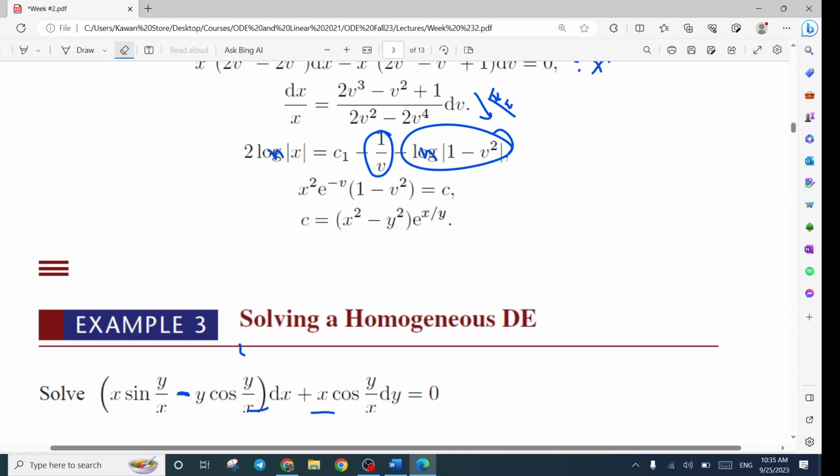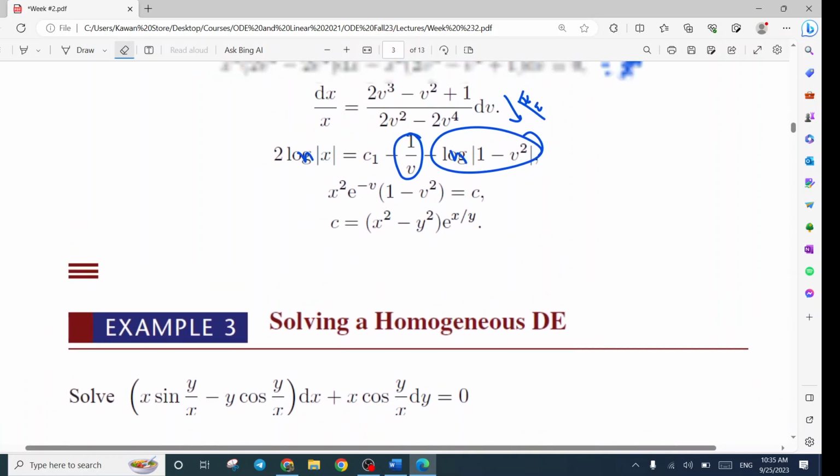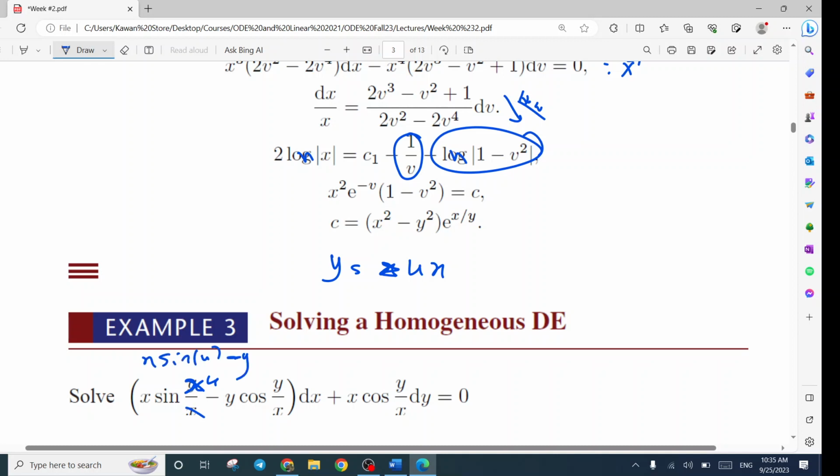Let us put y equal to ux, or x equal to uy, and you will get cosine of u. Am I right? Then x times sine of u minus y cosine of u.